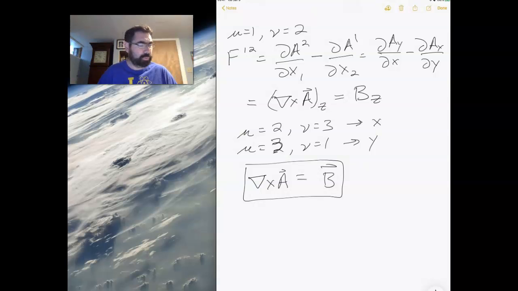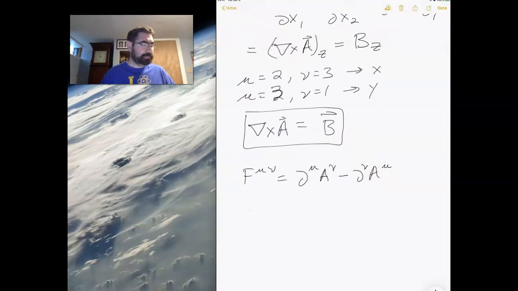So in the end, this works out just fine if we were to write F mu nu in terms of potentials. So we would have ∂^μ A^ν minus ∂^ν A^μ. So now we don't have to write it in terms of fields, we can solve everything in terms of potentials. Okay.